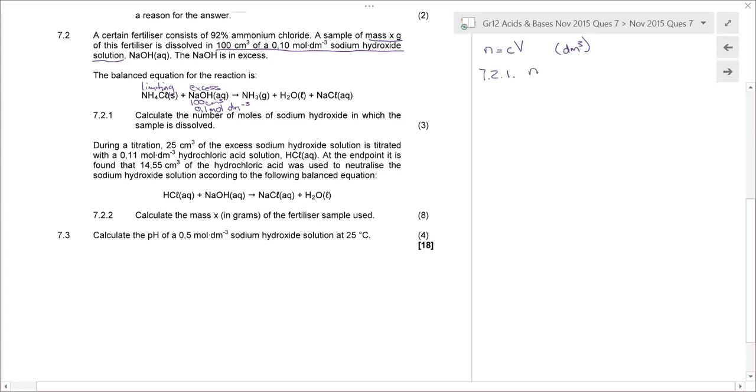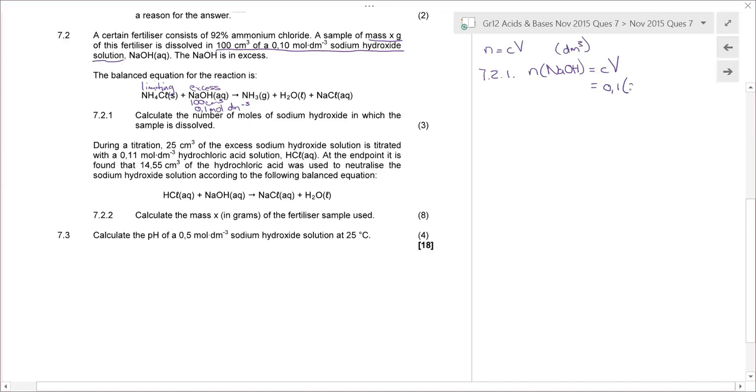We're going to find the number of moles of sodium hydroxide. Always show which substance you are working with. I'm working with the sodium hydroxide, so you can either subscript it or I just put it in brackets. So the concentration is 0.1.